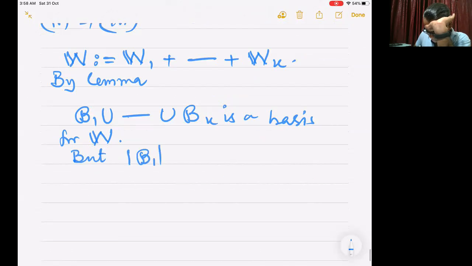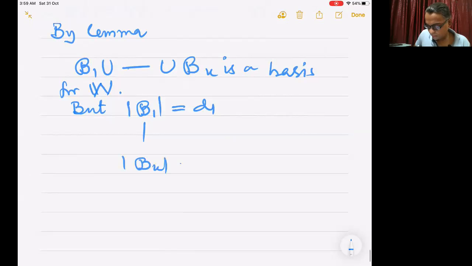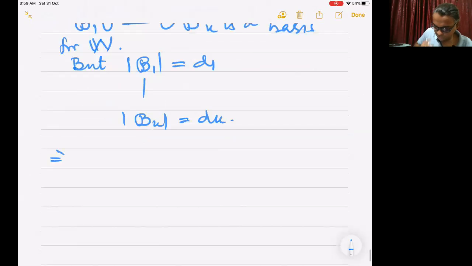How many vectors? D1, because D1 is the dimension of W1. So the basis must have that size, and BK must be equal to DK, right?